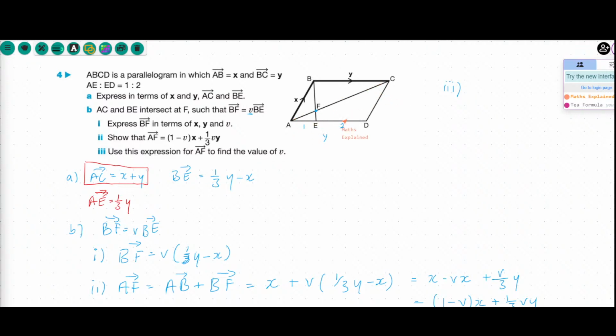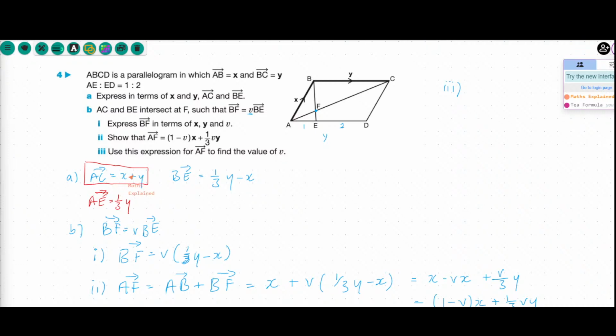AF lies on that vector, in other words, is parallel to that vector. So any vector parallel to AC must have coefficients that are equal, because the coefficients in AC are equal.